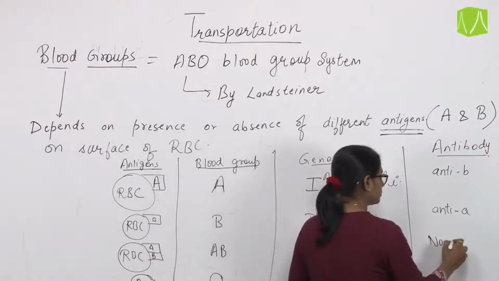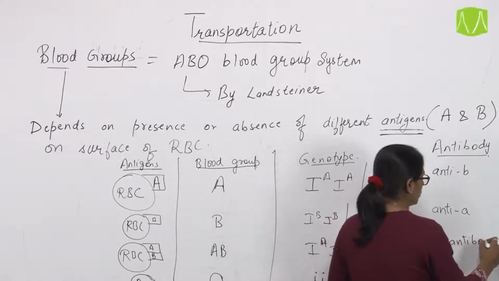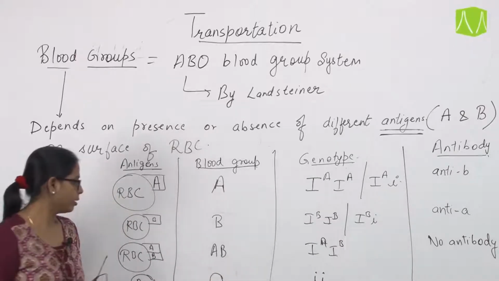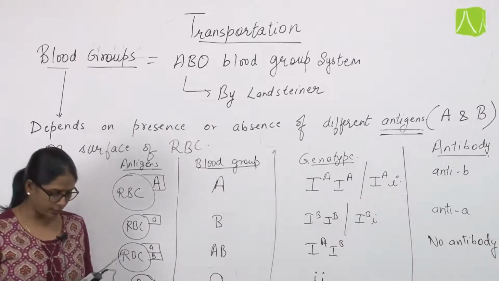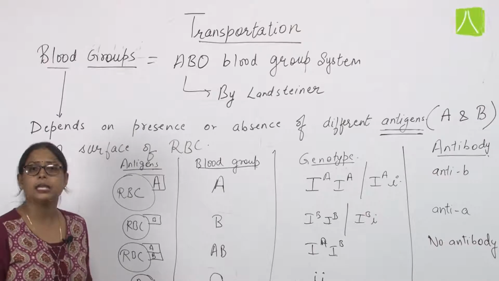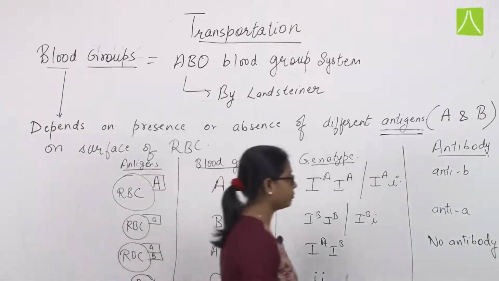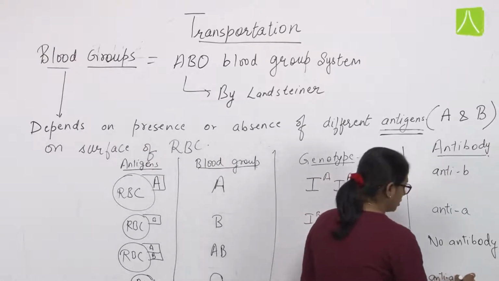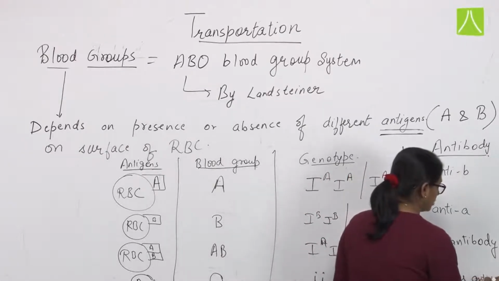So here no antibody is found. And O blood group has no antigen, but it must contain both types of antibody, anti-A and anti-B.